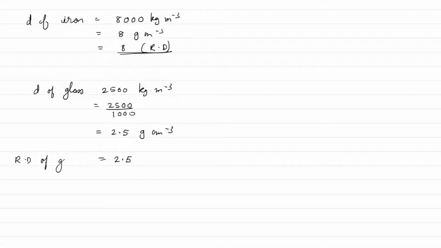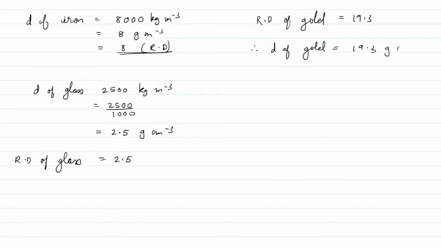Relative density of glass is 2.5. Relative density of gold is 19.3. Therefore, density of gold will be 19.3 gram per centimeter cube, so that will be 19.3 into 10 to the power 3 kg per meter cube. This conversion, you should be able to do it.